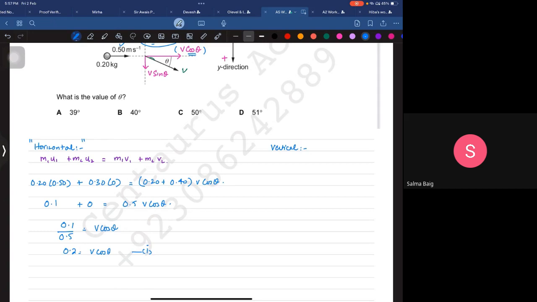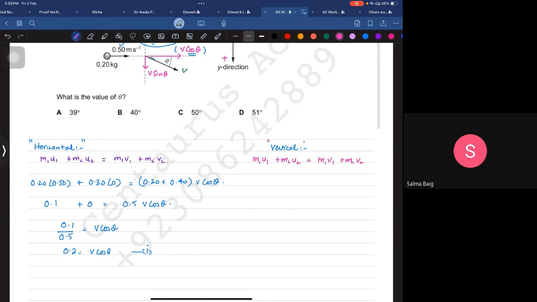Now, once we have done the horizontal, we can move towards the vertical. So let's check it out. We're going to write the same equation, m1u1 plus m2u2 equals m1v1 plus m2v2. Now check this out, kids.